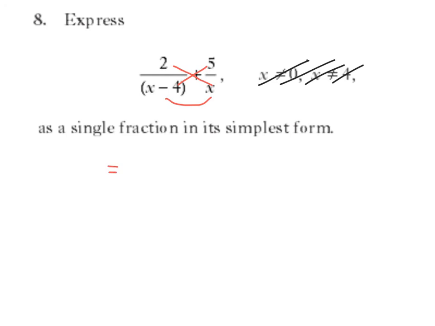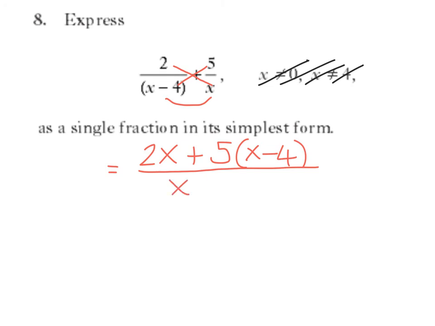So our next line would be 2 times x, which is 2x, plus, and then our bracket times 5, so we'll put the 5 at the front of the bracket. And on our denominator, we will have our bracket times x, so we'll put our single x at the front.